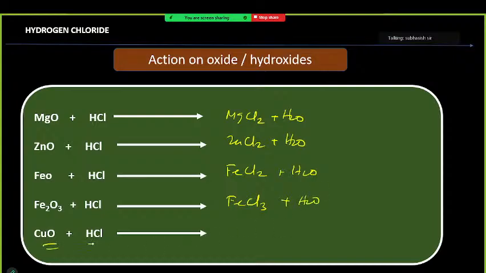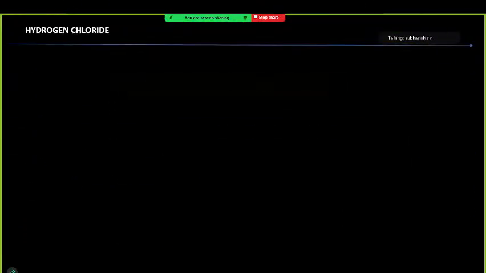CuO, this is basic, and HCl gives CuCl2 plus H2O. So, basic and acidic oxide. Basic oxides or hydroxides react with HCl to form salt and water.